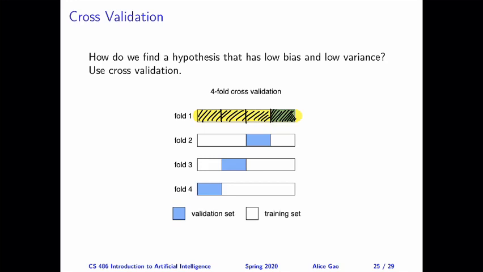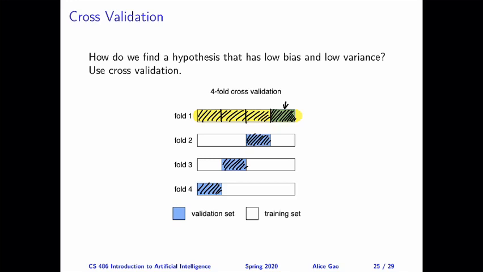So we'll train on our training set and then test on our validation set, using this last partition to get the accuracy of our hypothesis. We will do this K times, so 4 times. Each time we will choose a different partition as our test set or our validation set, like so.